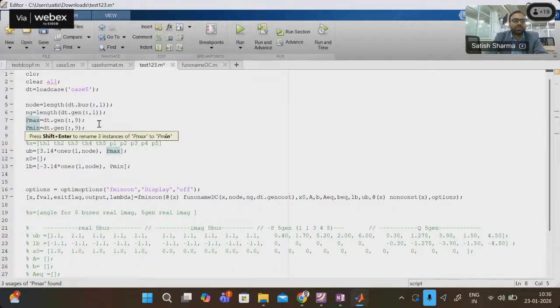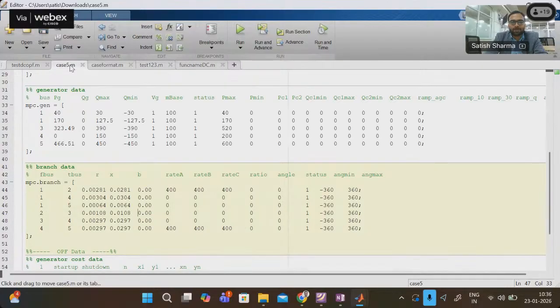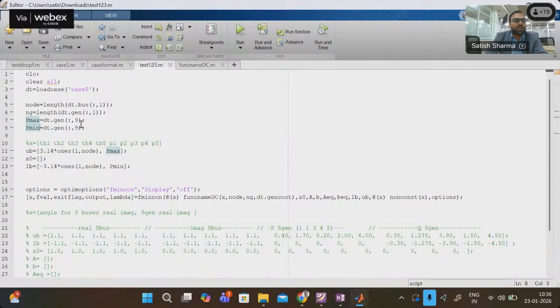So P min is at what location? 10th column. Let me see if I am doing it right or wrong. 1, 2, 3, 4, 5, 6, 7, 8, 9, and 10th column. Yes, so it is in the 10th column. So we will use it, and instead of 9, I will put 10, and the maximum and minimum limits are defined.